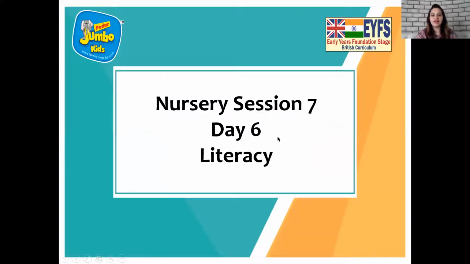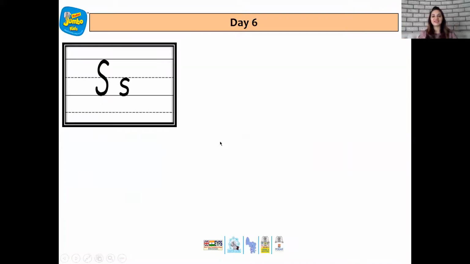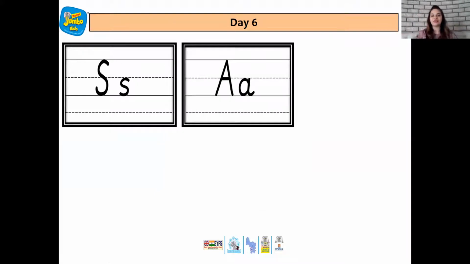Okay, children. Which letter is this? Correct, letter S, and S says S. And now, children, can you tell me which letter is this? Absolutely correct, letter A, and A says A.